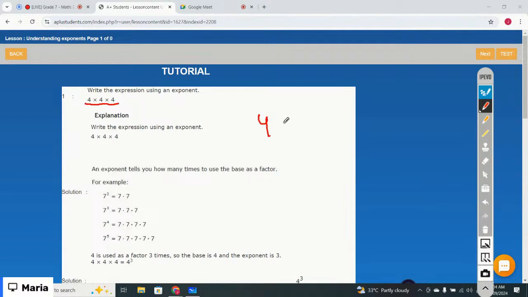So 4 is the base. How many times are you going to use this base? 3 times. 1, 2, 3. So you can write it as 4 exponent 3. That means 4 is used as a factor 3 times, right? So 4 is the base and 3 is the exponent. Got it? An exponent tells you how many times to use the base as a factor.